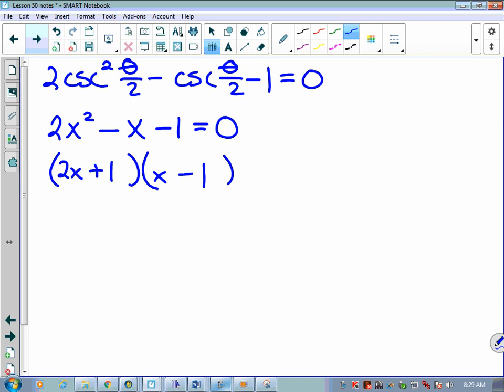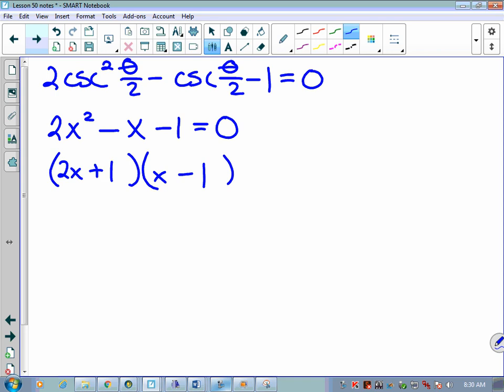So 2x times x is 2x squared. And then I've got 2x times negative 1, which is going to be negative 2x. 1 times x is going to be positive 1x, which is going to reduce down to negative 1x, right? And then positive 1 times negative 1 is negative 1, okay?